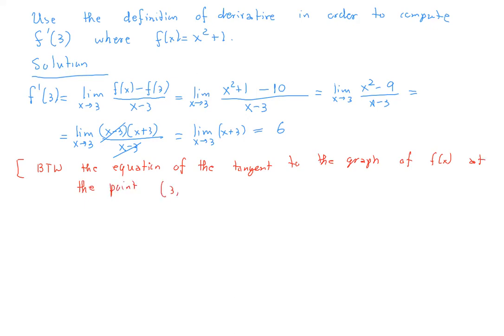The point is 3 and the output is 10. So at the point 3, 10 is a point slope formula. So what does it give us? Y minus f of 3, which is known to be 10, is equal to the slope, which is the derivative, meaning 6 times x minus 3.